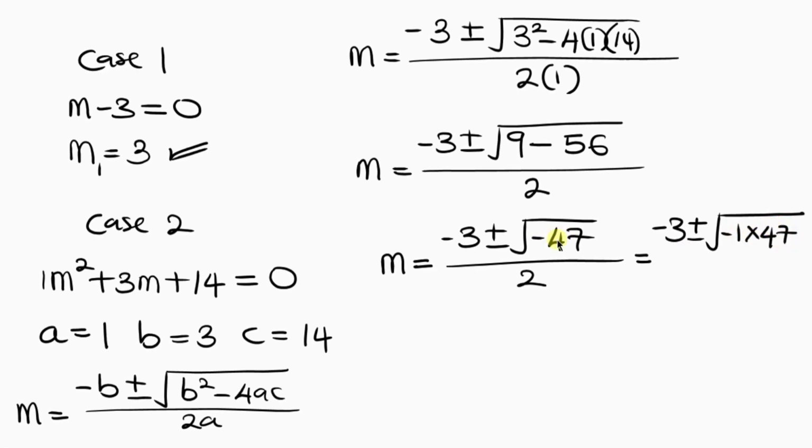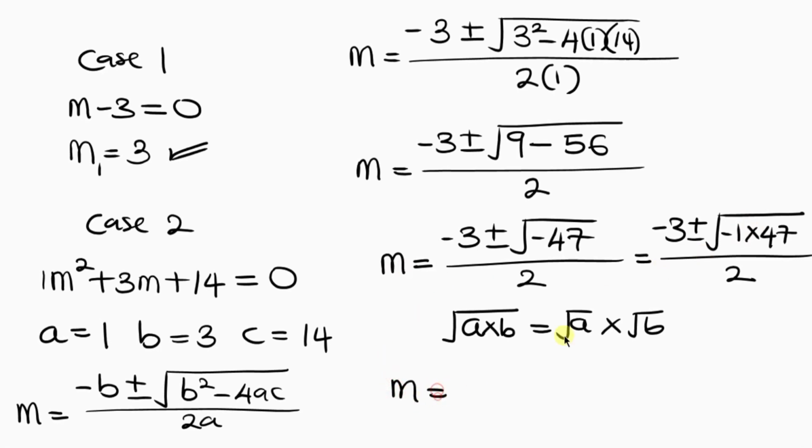Very good, all over 2. Now let's apply this property of surds that says when I have the square root of a times b, this is simplified into the square root of a times the square root of b. We're going to be applying this to what we have here. So m is negative 3 plus or minus the square root of negative 1 times the square root of 47. Very good. All over 2.